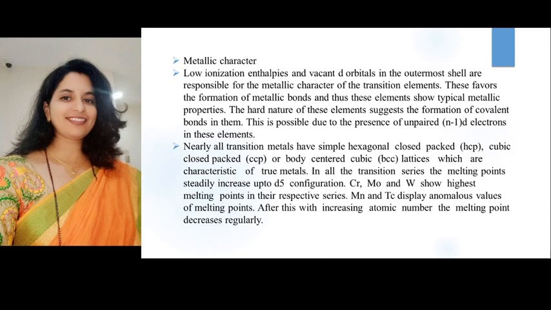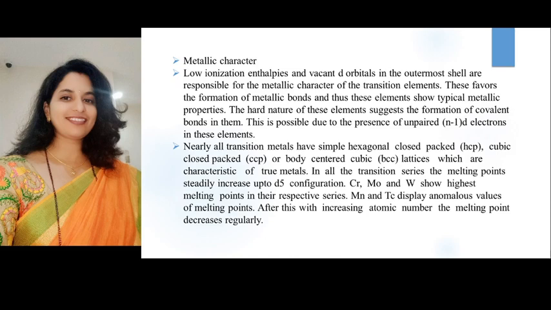The metallic character of transition elements may be attributed to their low ionization enthalpies and the presence of several vacant orbitals in the outermost shell. This favors the formation of metallic bonds in them. Hence, they exhibit typical metallic properties. Low ionization enthalpies and vacant d orbitals in the outermost shell are responsible for the metallic character of the transition elements.